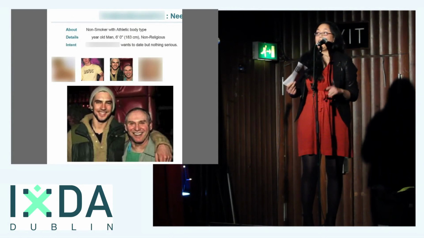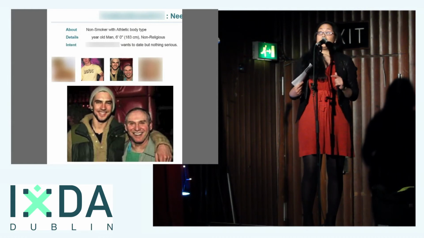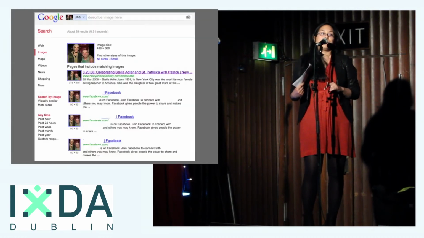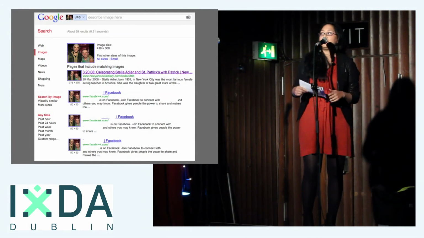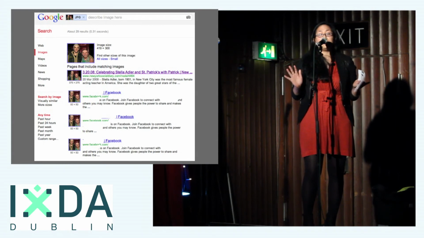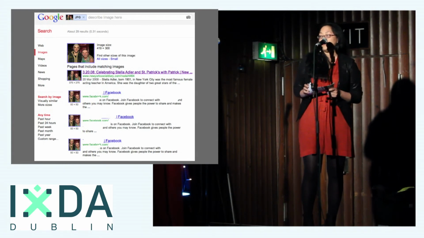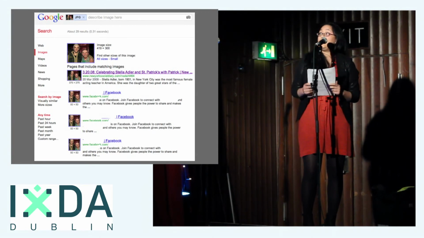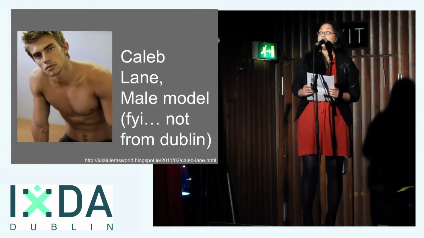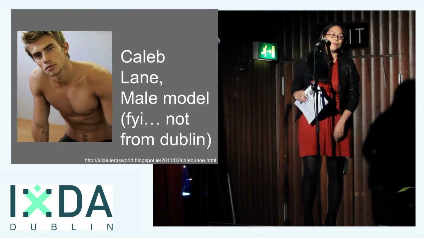But if we put this guy into Google Images, you can do a reverse search by either URL or upload an image. And we can see that there are photos on a few places on the web. It's looking a little bit suspicious. And then if you click that first link, we'll actually find that this guy's not a 29-year-old from Dublin. He's actually Caleb Lane, male model.